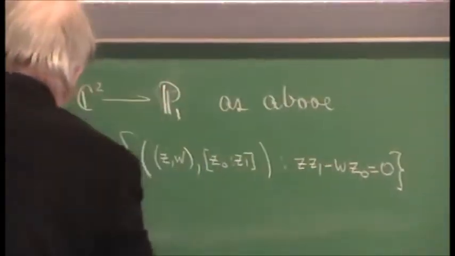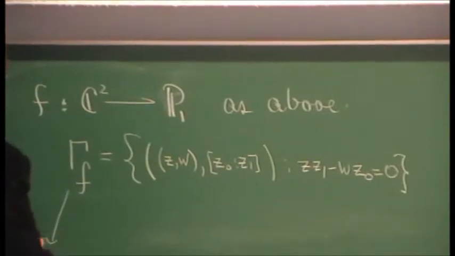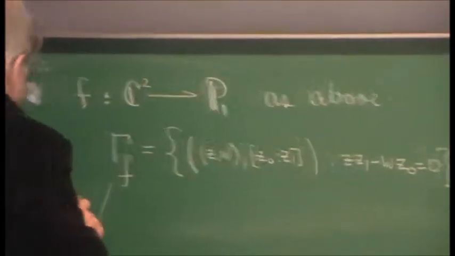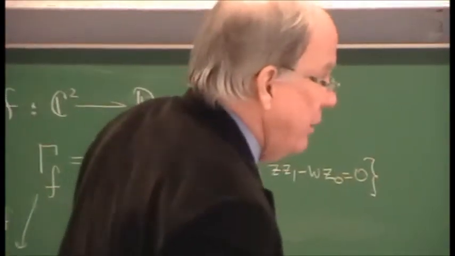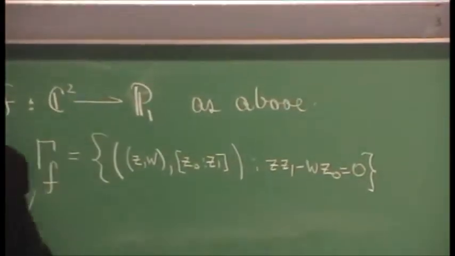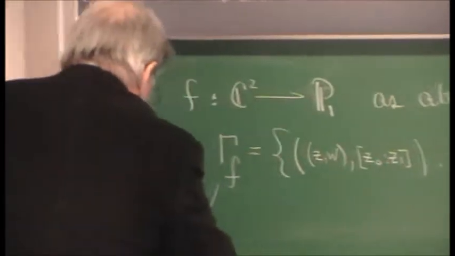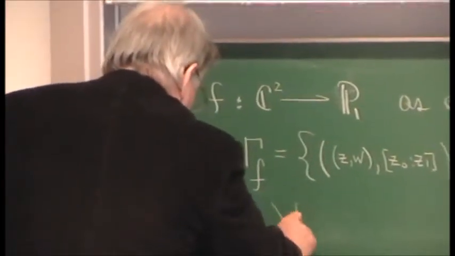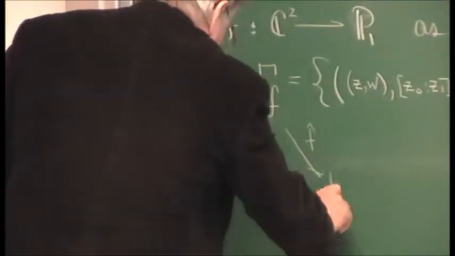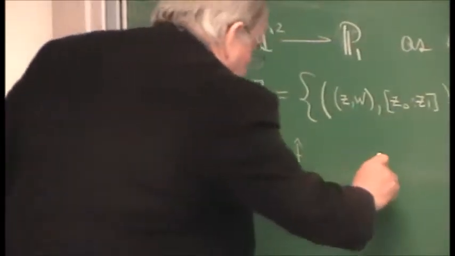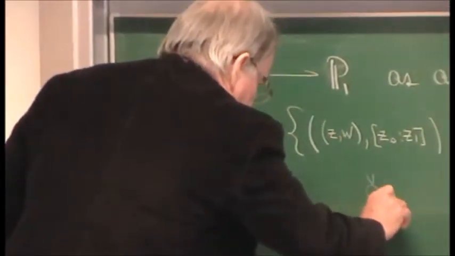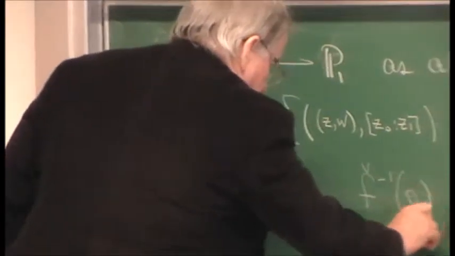So notice we have these mapping on a C2. I called this F upside down or right side up? I think upside down. F check on the C2 and F on the P1. And F check inverse of 0.